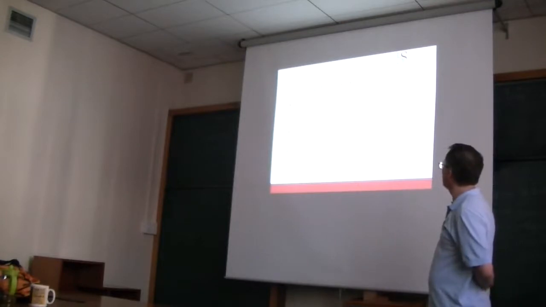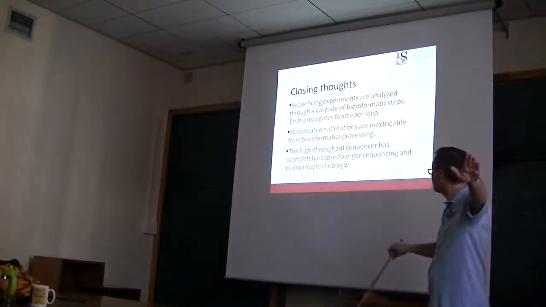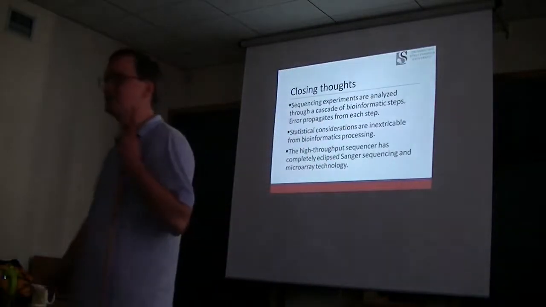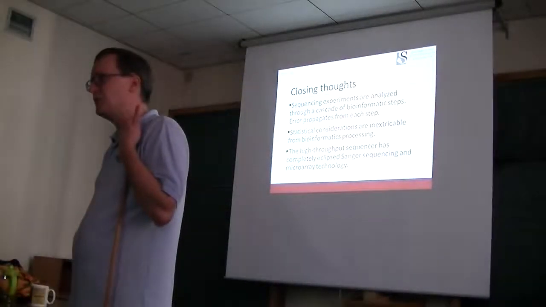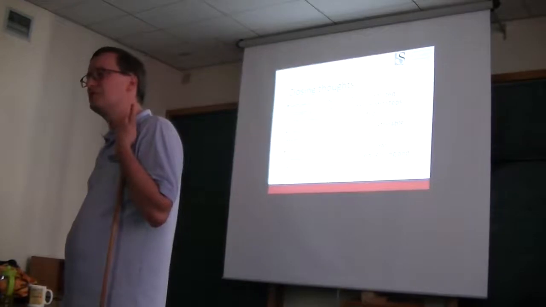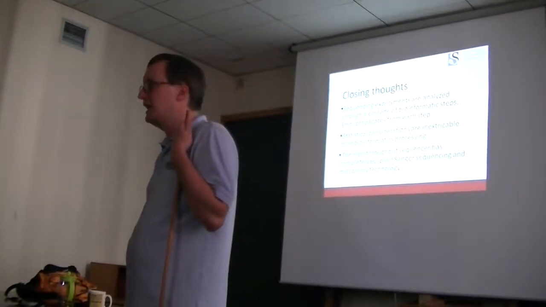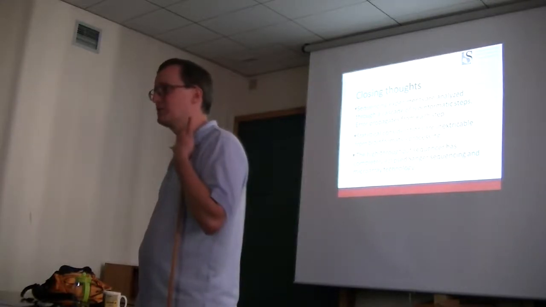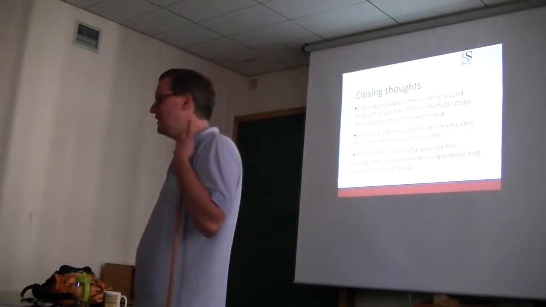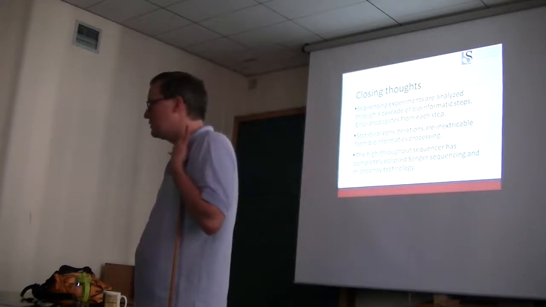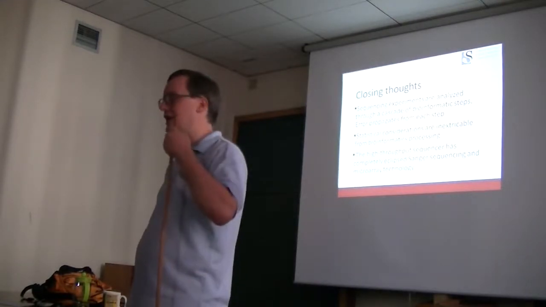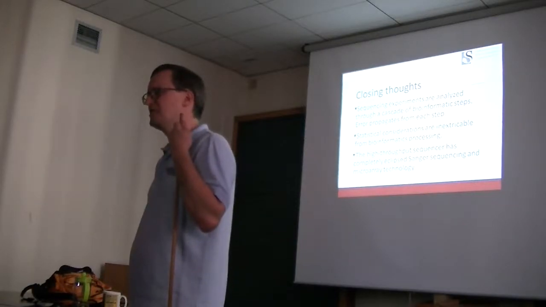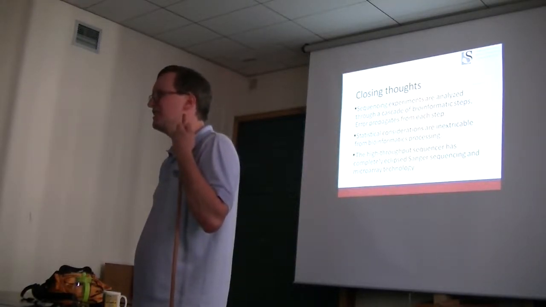The high-throughput sequencer has completely eclipsed Sanger sequencing and microarray technology. I should really put a big asterisk on that point, because in fact we still feel that microarrays can allow us to do a lot of things a lot more straightforwardly than we can do with the current sequencer. Similarly, to say that the Sanger sequencer, the use of capillary electrophoresis and fluorescence to get our electropherograms, is completely gone is not really sensible.